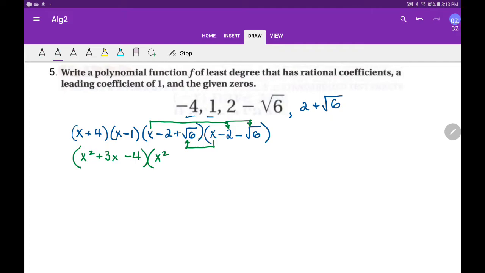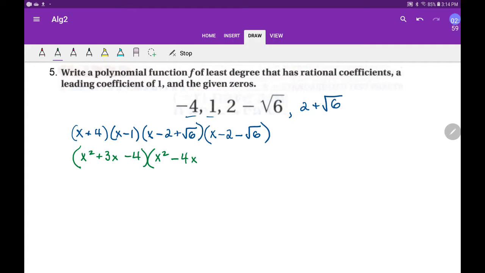So I'm going to leave the square root of 6 out of this, because it's just going to cancel. X times negative square root of 6 is going to be followed by x times positive square root of 6. So I don't need to write either one, because they're just going to cancel. But I will write the x times minus 2, and it happens again, x times minus 2. So altogether I'm going to get minus 4x.